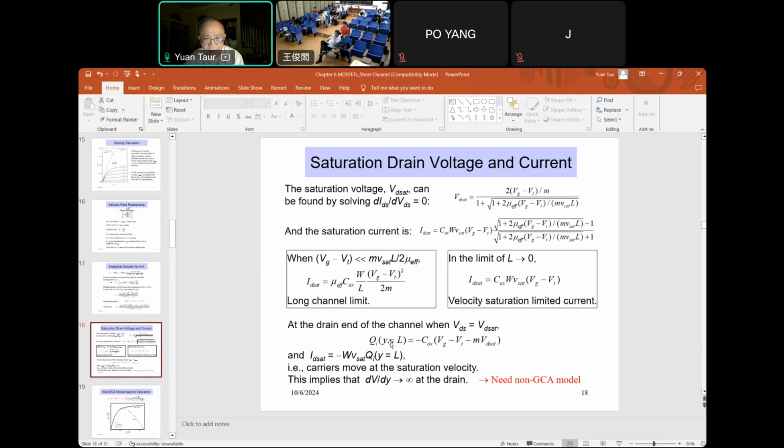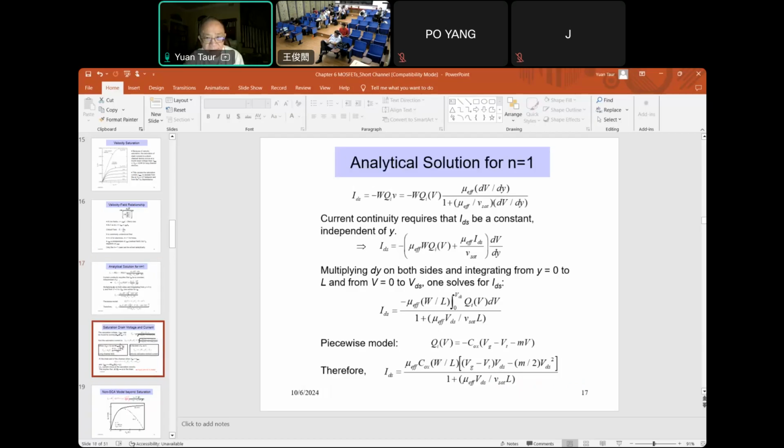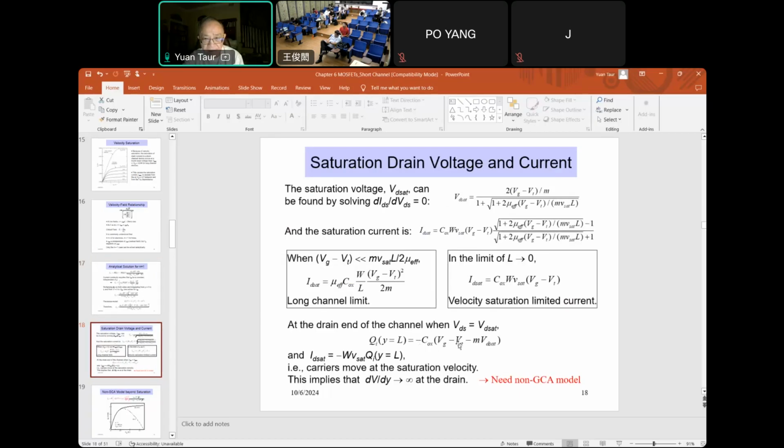If you look at the drain end of the channel, you can show that, remember Q_i is given by this, you can show that I_Dset is W V_set Q_i, which means that the carriers are moving at the saturation velocity at the drain.